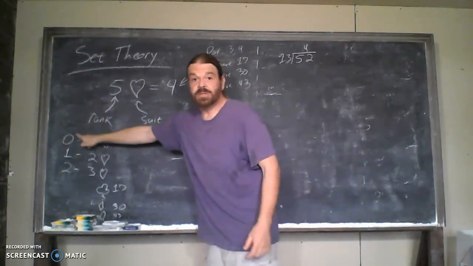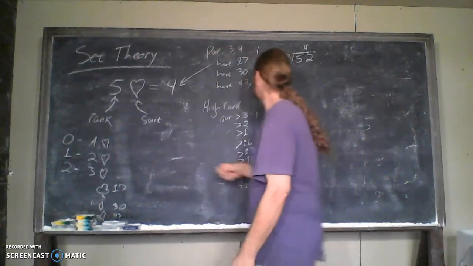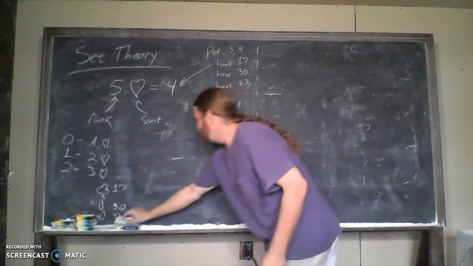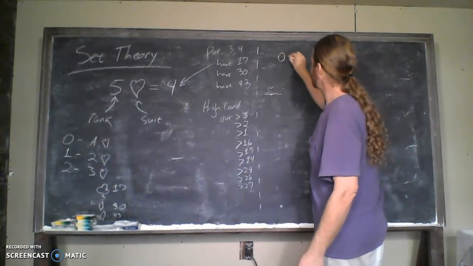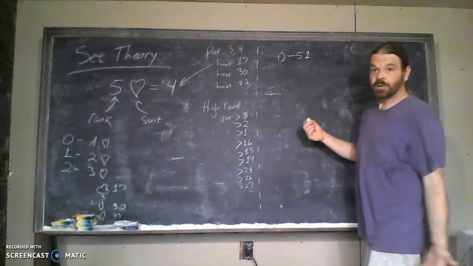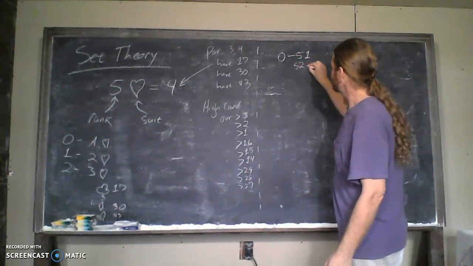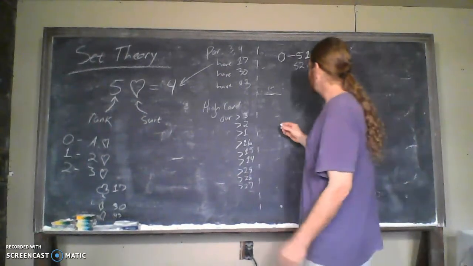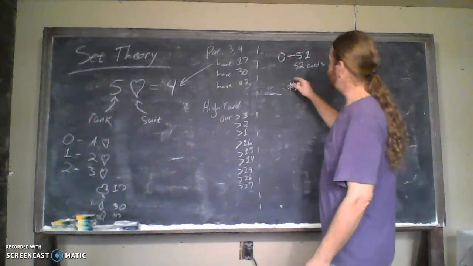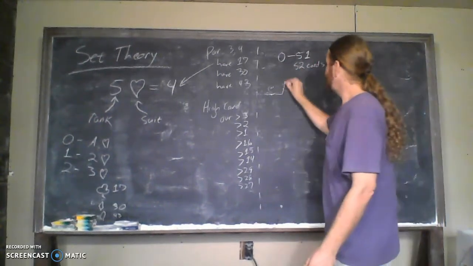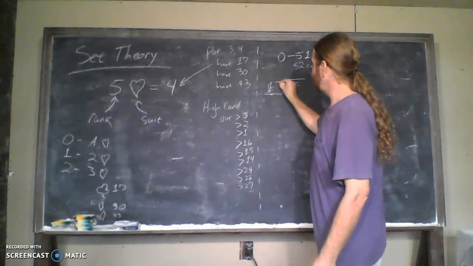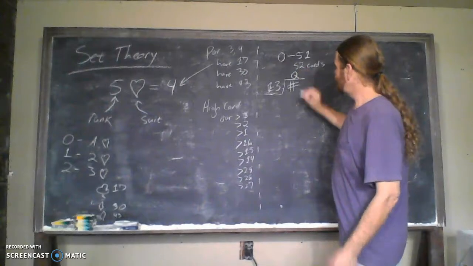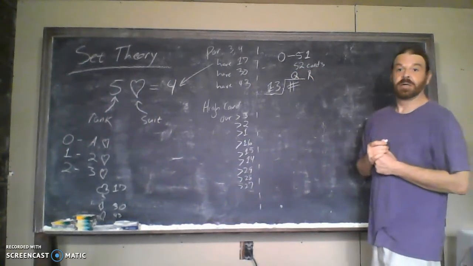But, like I was saying a minute ago, we start numbering at 0. So let's back that off and say 51. 0 to 51 is going to be our 52 cards. If we divide that by 13, whatever number between 0 and 51, we're going to have a quotient and a remainder, right?